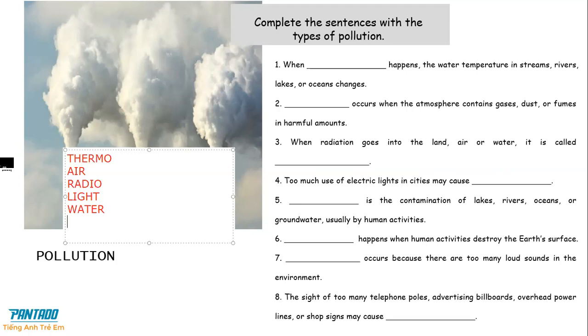Soil pollution happens when human activities destroy the Earth's surface. 7. Noise pollution occurs because there are too many loud sounds in the environment.